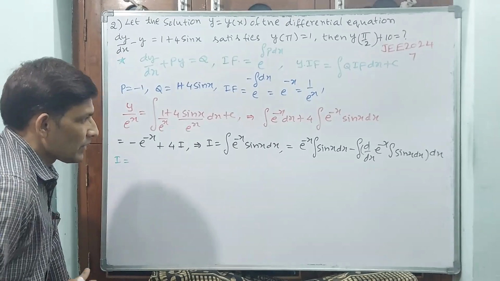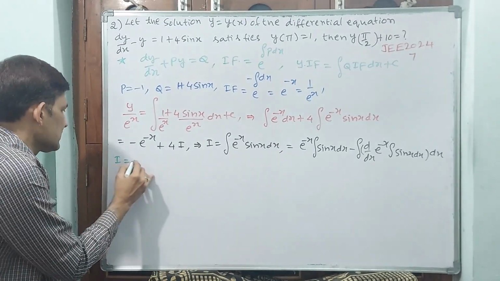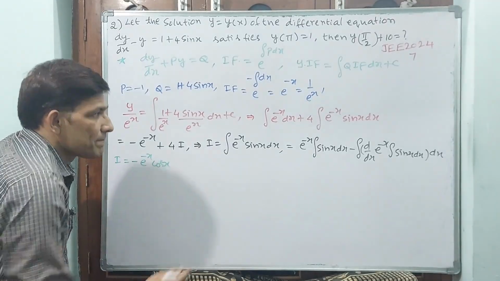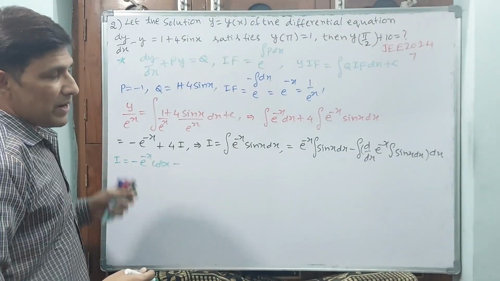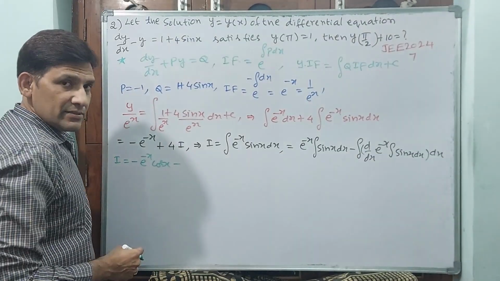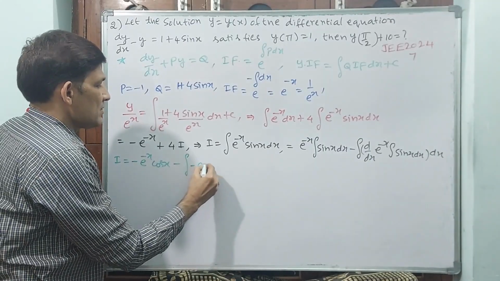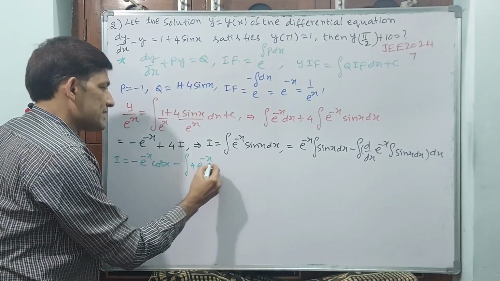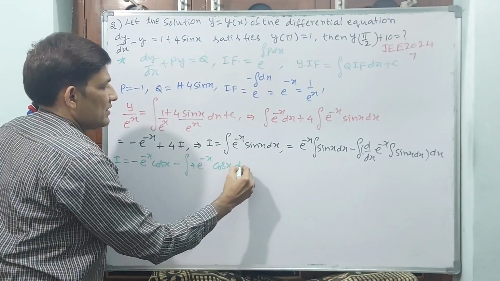Okay. This e power minus x integral sin x is minus cos x, so minus e power minus x cos x, over minus d/dx of e power minus x, which is minus e power minus x. Integral sin x is minus cos x, so plus cos x dx.